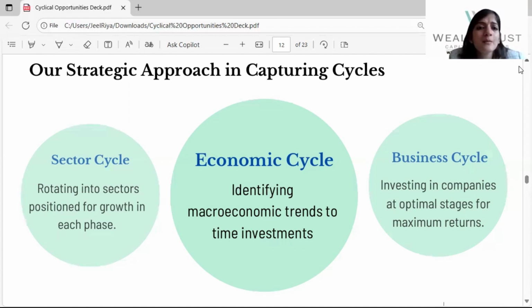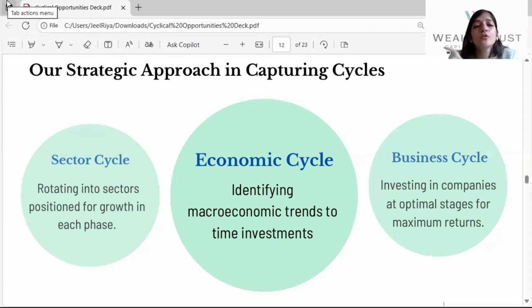For example, CDMO. Not all pharma companies have the specialty or capability to set up a CDMO. Only companies that could pivot into it will be able to take advantage if there is a sector boom in the CDMO space, and that's where bottom-up research comes in.